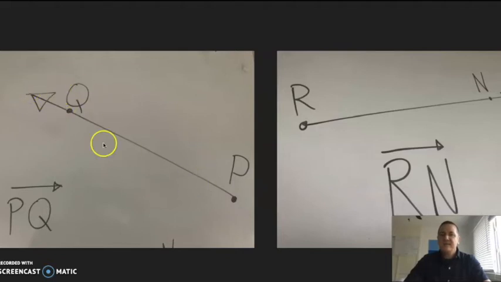Now, here is ray PQ and ray RN. The thing about these symbols is whichever side has the endpoint, that is the letter that goes first in the symbol.